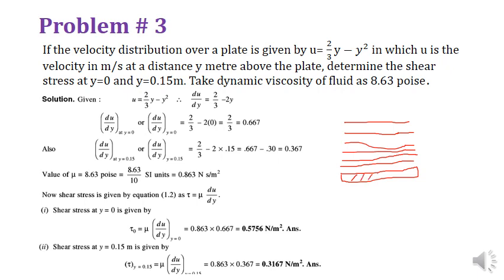So if this is the plate that is beneath, and above the plate a certain liquid or fluid is flowing in a certain direction. Let's suppose the direction is this one, under the action of a certain force.